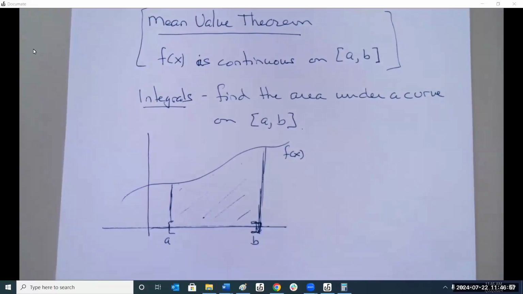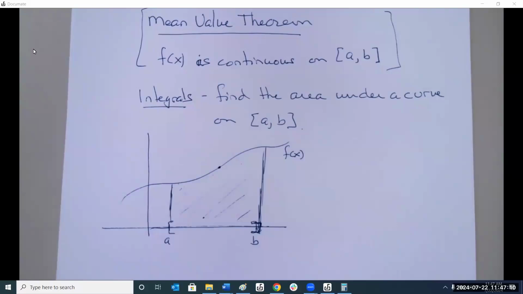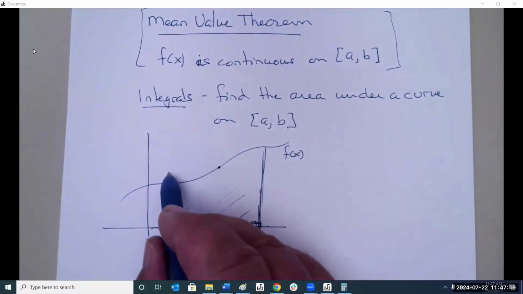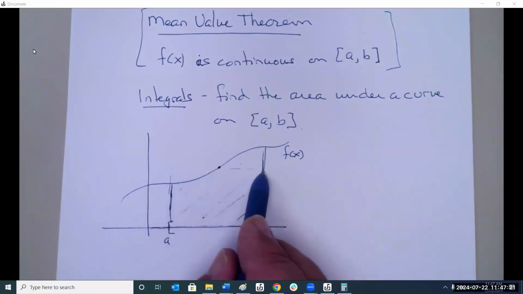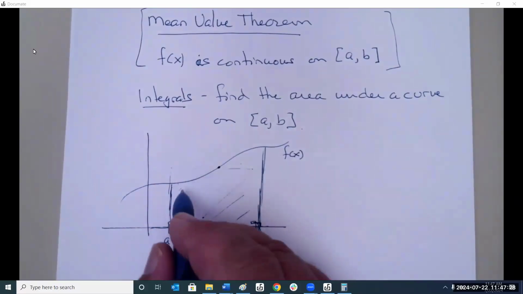Well, that's pretty much where we're going to start off. But instead of taking an infinite number of small rectangles, what we're going to do is find a point on the curve that's midway between A and B, and just take one big rectangle instead of taking smaller ones.